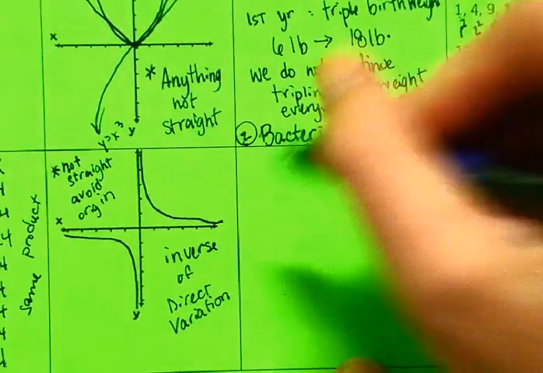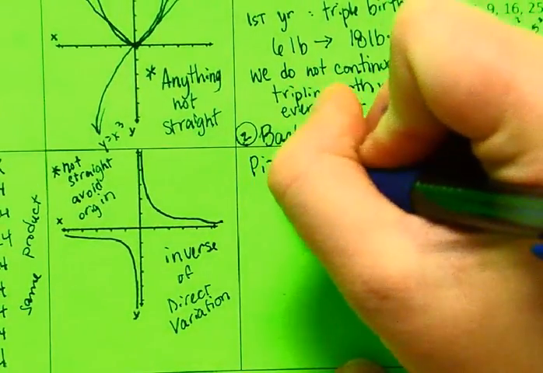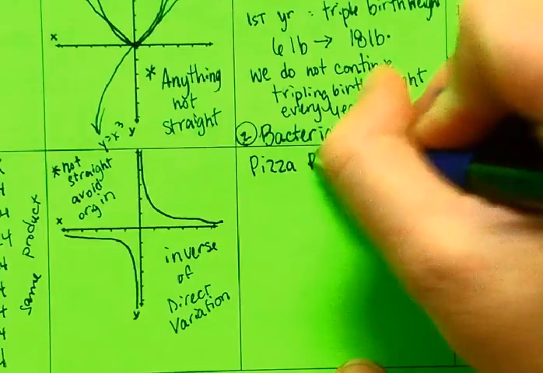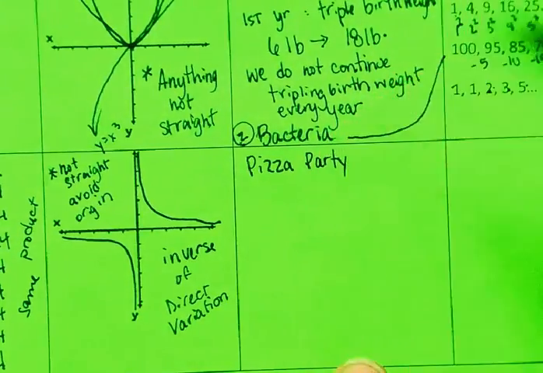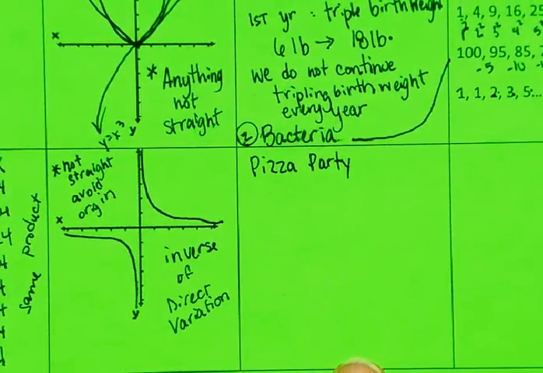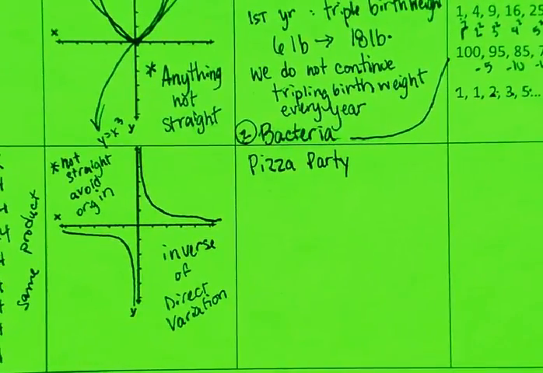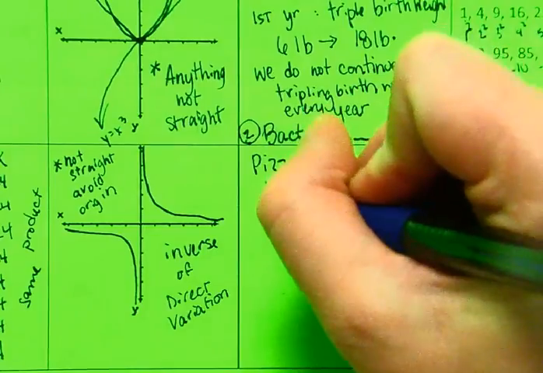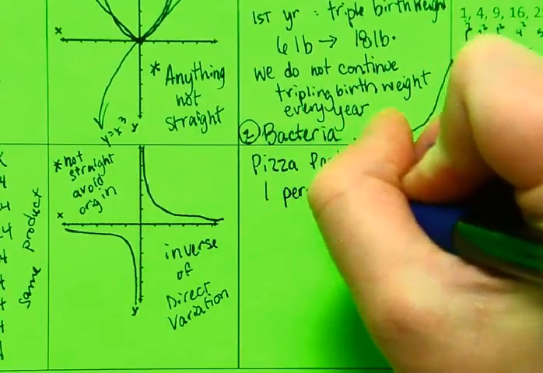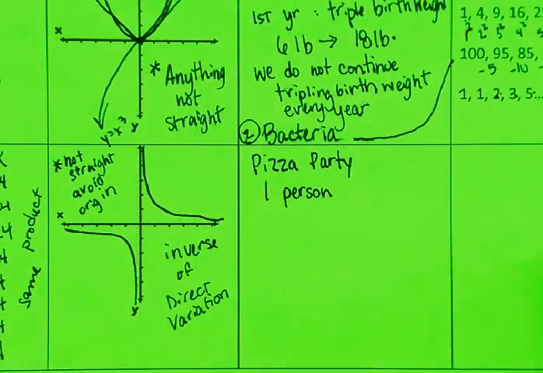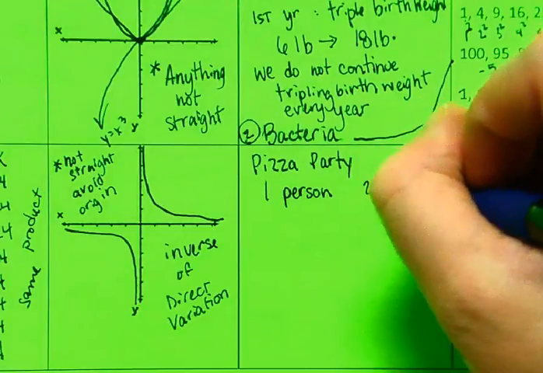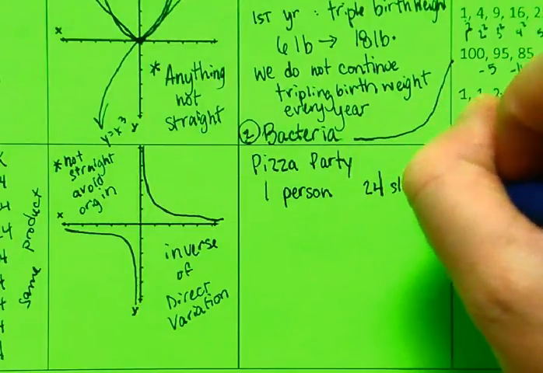Okay? Now, it still doesn't make a whole lot of sense until you put it in a situation. So let's pretend that Mike is having a pizza party at his house, and he invited everybody in his math class, and there's 23 other people in his math class. Now, if he's the only person that shows up, he's going to be sad, and he's going to eat all 24 slices of that pizza.